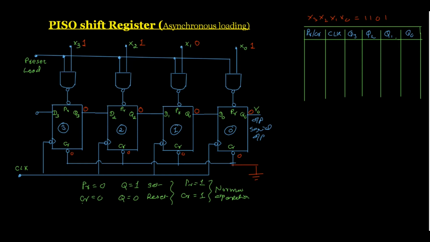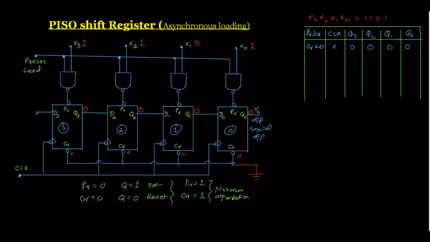So the procedure is, first of all we apply a clear input equal to 0. We are not applying the clock because the clear input and the preset input are asynchronous inputs. So at that time the flip-flop is going to be cleared. So these are 0, 0, 0.